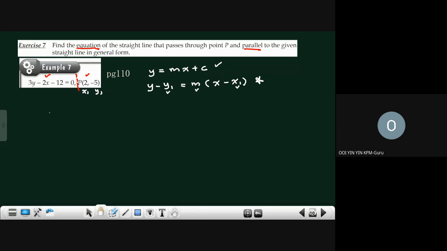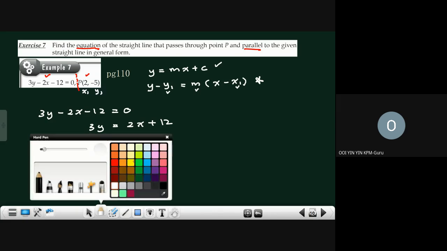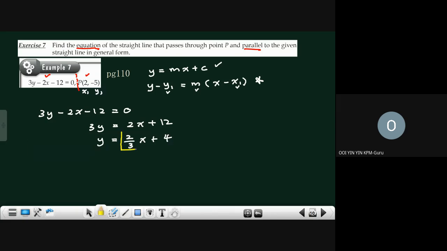First we must rearrange the equation: 3y equals 2x plus 12. Then y, you divide by 3, 2 over 3 x, and then 12 divided by 3, you get 4. We just want the m here, which is 2 over 3.